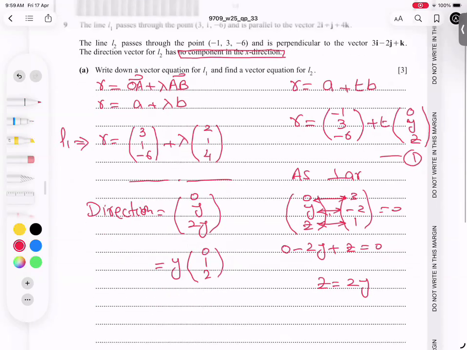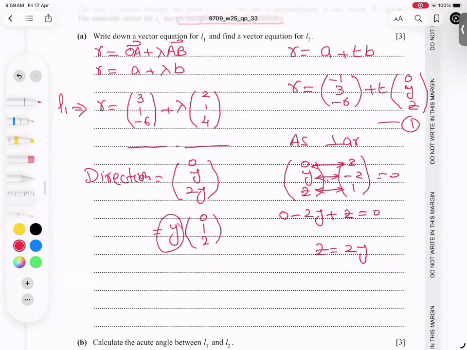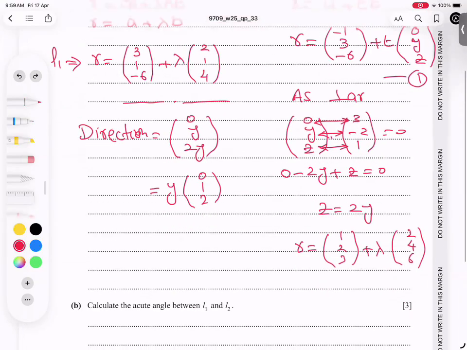Now, you may ask one question: sir, what about this y? For example, I just give an idea. If I have any vector, for example (1, 2, 3) plus lambda times (2, 4, 6), what is common? We can take 2 common. If we take 2 common, this 2 comes out, so it becomes 2 lambda and (1, 2, 3).